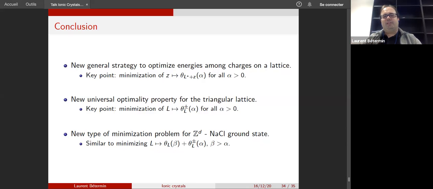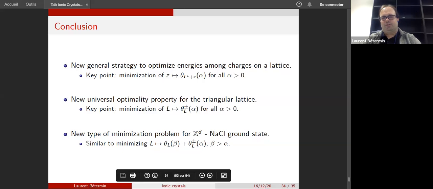And what we have seen are some cases where we can show that the cubic lattice is a minimizer, and in particular the rock salt structure is a ground state of our energy. And when we restrict to plus-minus charges, it's similar to minimizing something with the same kind of particles plus something with alternation of charges, with alpha smaller than beta. So that's something a bit similar.